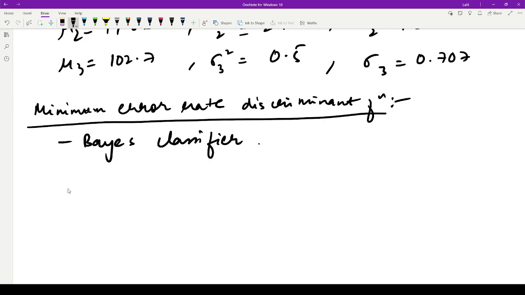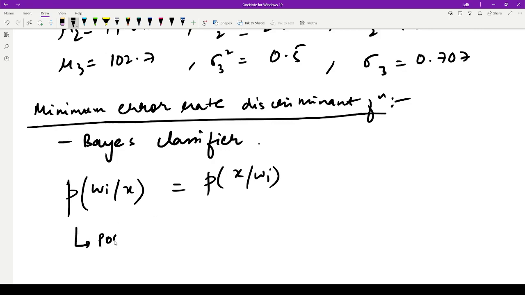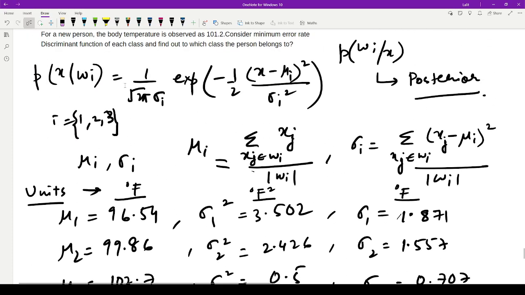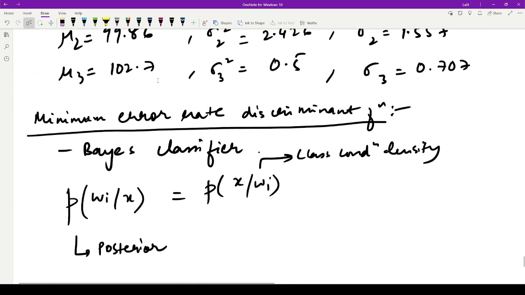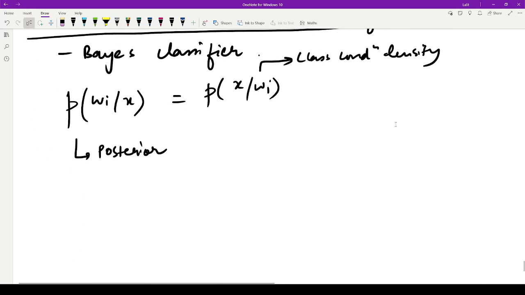Okay, so what is the Bayes classifier? We need to find the posteriors. This is what we need to find for Bayes classifier. And for this, we'll use this, this is the posterior. Once we have this posterior, what we have is this is the class conditional density, which we just computed now, which is this expression with these specific values there.